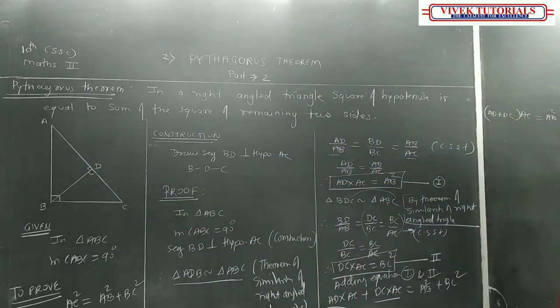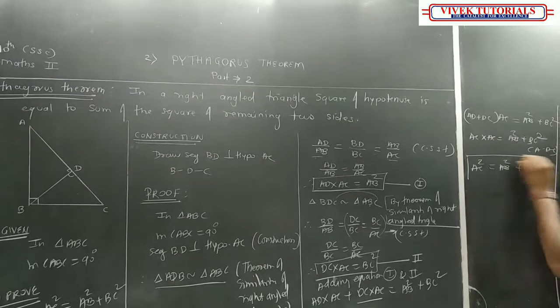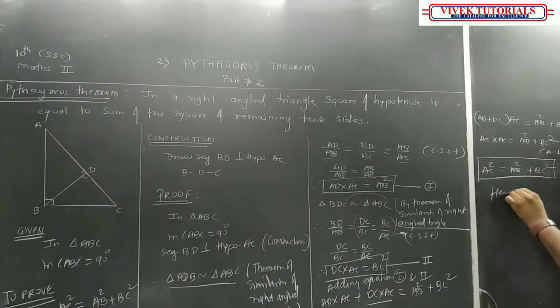If I am adding it, I get AC into AC is equal to AB square plus BC square, because A, D and C are collinear points. So AC square is equal to AB square plus BC square. Here we are going to write hence proved.